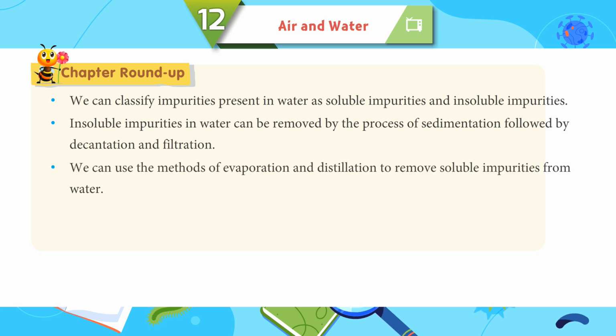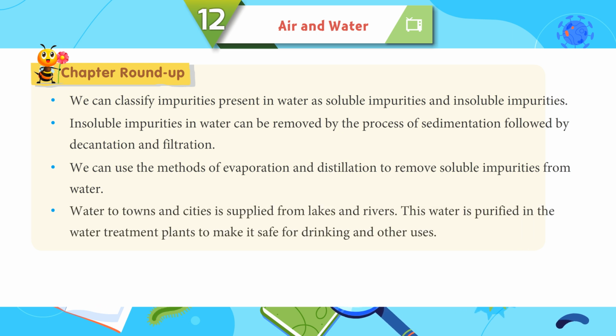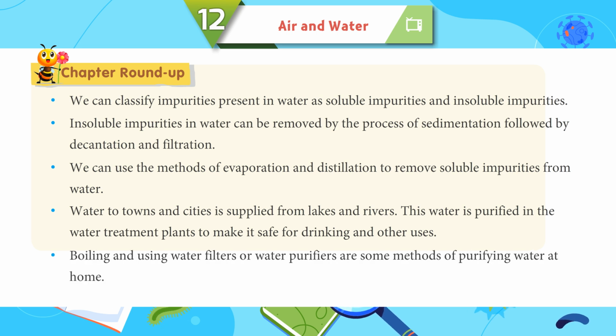We can use the methods of evaporation and distillation to remove soluble impurities from water. Water to towns and cities is supplied from lakes and rivers. This water is purified in the water treatment plants to make it safe for drinking and other uses. Boiling and using water filters or water purifiers are some methods of purifying water at home.